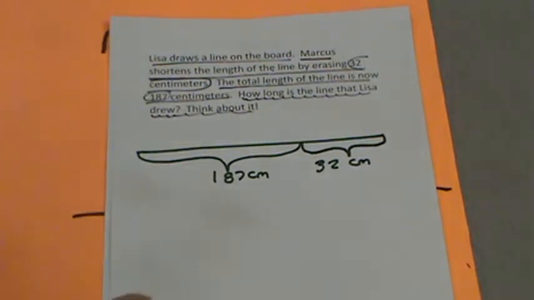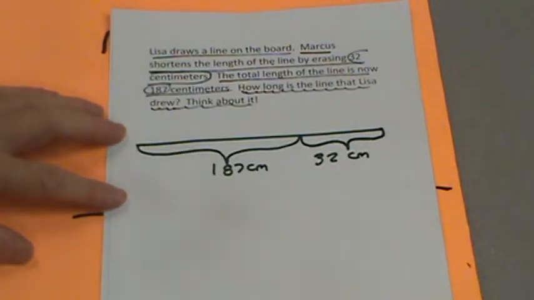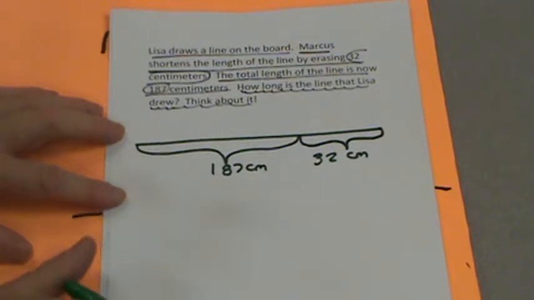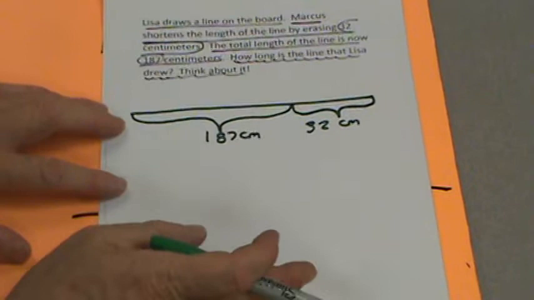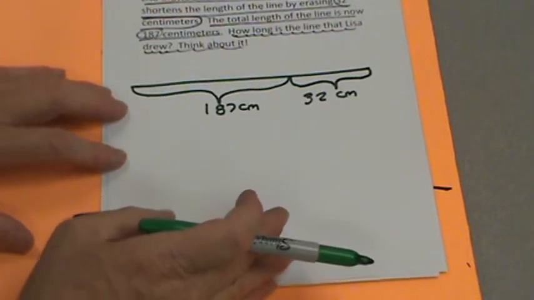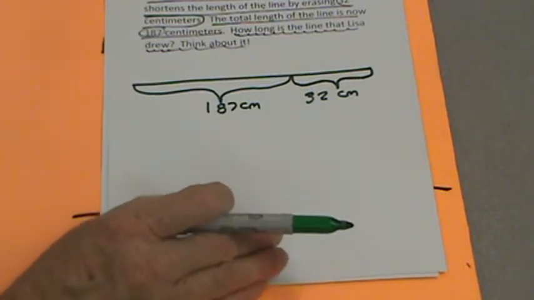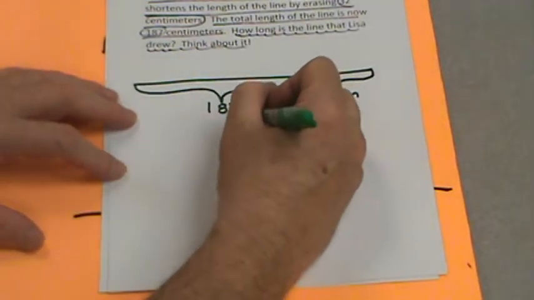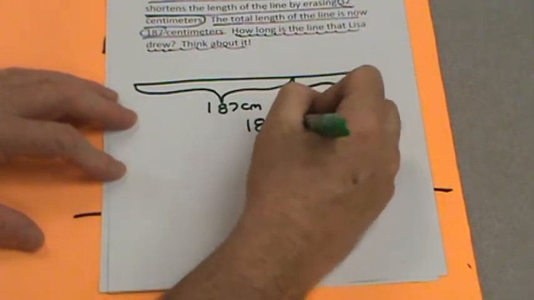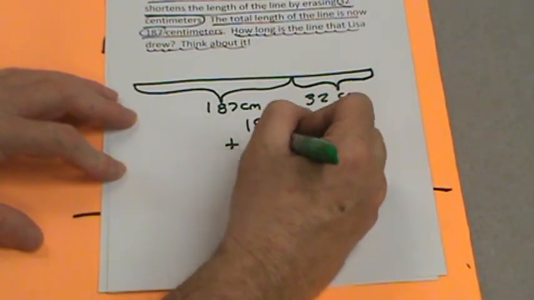So how do we figure out how long is the line that Lisa originally drew? Well, think about this. She had the line, he erased 32, she measured it again, now it was 187 centimeters. We could say 187 centimeters plus that 32 he erased.